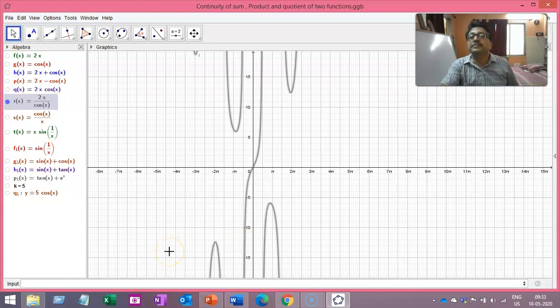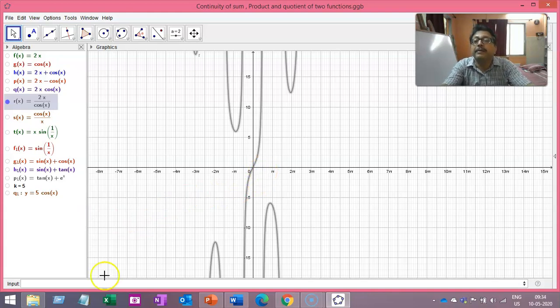You see, what's the peculiarity of this function? At the points where cos x is equal to 0, it will not be continuous; the graph is not continuous. Take x equal to pi by 2 for your convenience.